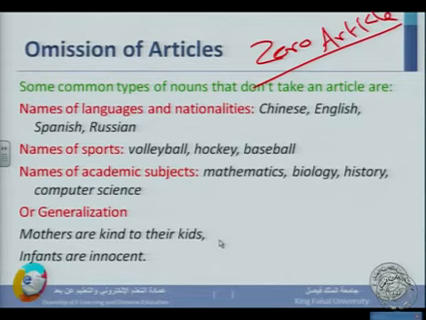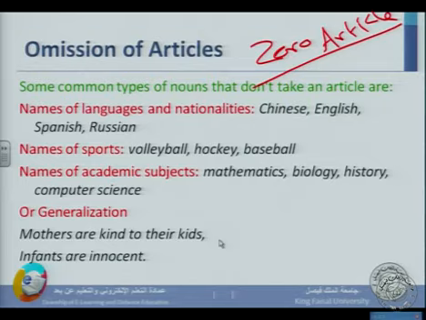لا. أيضا we don't use a, an, or the in general, سواء كانت a أو an أو the، ما بنقدر نستخدمهم with names of sports. Volleyball, hockey, baseball. كذلك we don't use them with the academic subjects, with the academic fields مثل mathematics. ما بنستخدم مثل mathematics, biology, history, computer science. ما بنحكي the أو a أو an معهم.